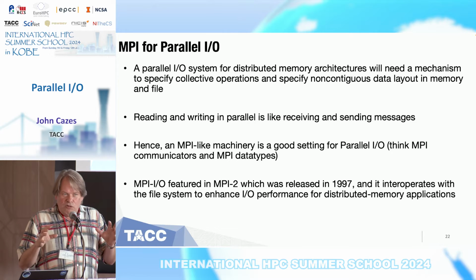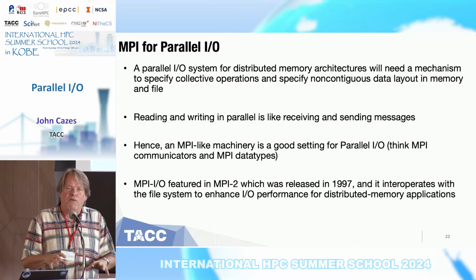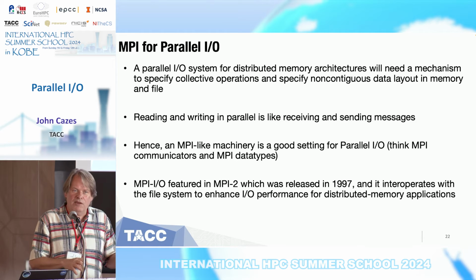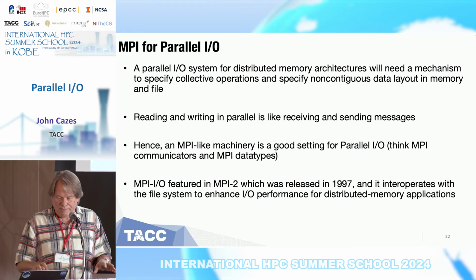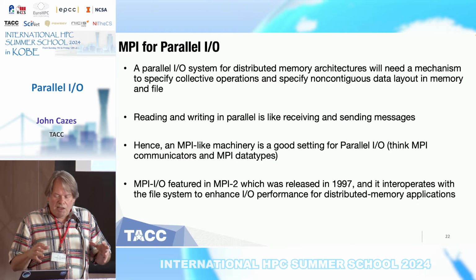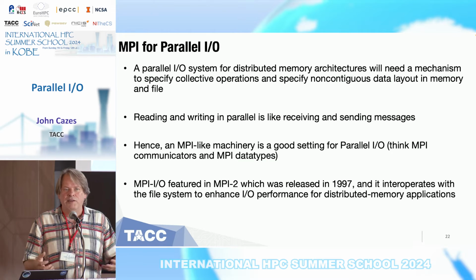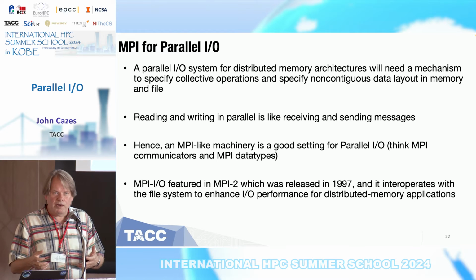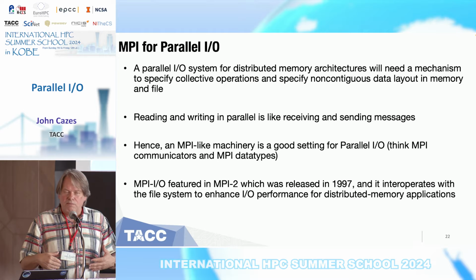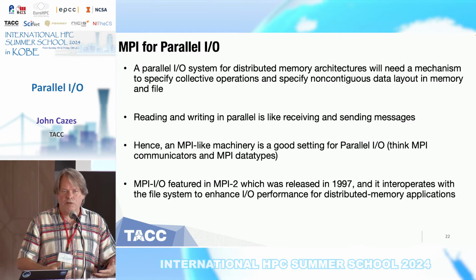And you're communicating with the file system, right? You're not communicating with other tasks, you're communicating with the file system. So it's just another data store. And so if you're comfortable with how you work in MPI, sending and receiving data, both point-to-point and with collectives, you should catch on to how this is working with parallel I/O.